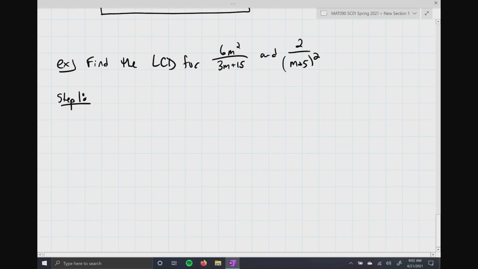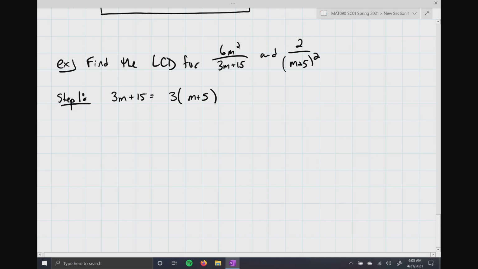All right, so here we go. We'll do this together. Step 1, you got to factor the denominators. So the 3m plus 15, I can factor a 3 out. So that's going to give me 3 times the quantity of m plus 5.